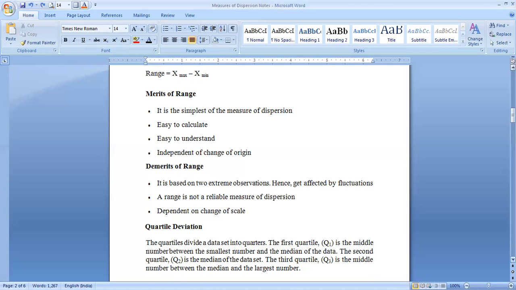And the third quartile, Q3, is the middle number between the median and the largest number. So in this way, we have defined the three quartiles.